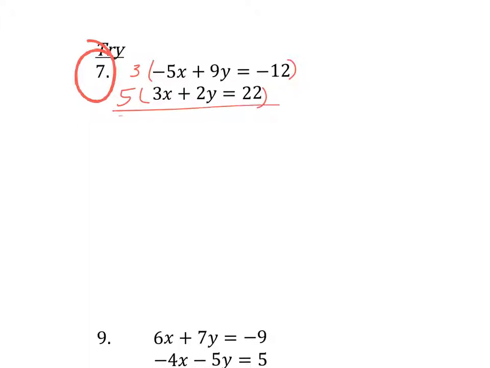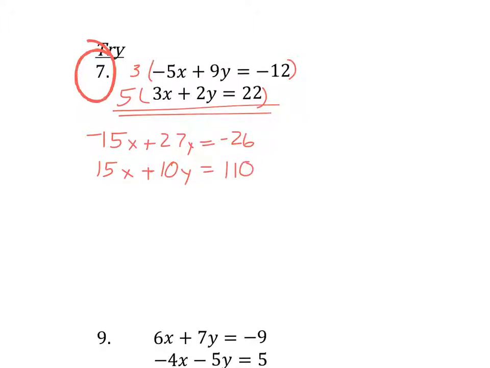So now rewriting, I have negative 15x plus 27y equals negative 26. Bottom equation is going to be 15x plus 10y equals, what would that be, 110.